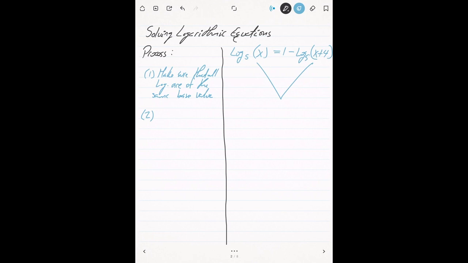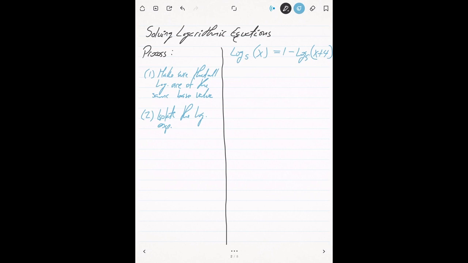Well, hopefully you're thinking to yourself about the properties of logarithmic expressions that we went over in a previous talk. What we want to do here is isolate the logarithmic expressions. We're going to get these by themselves, meaning get them to one side.